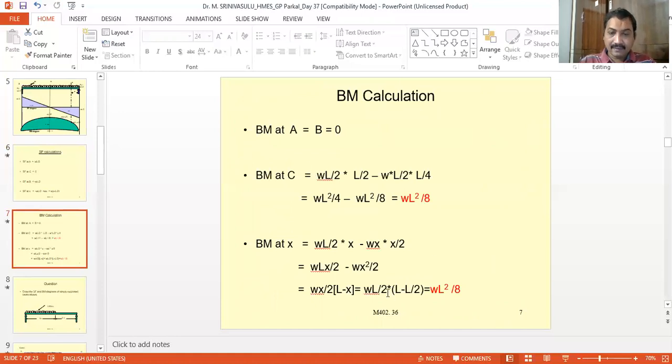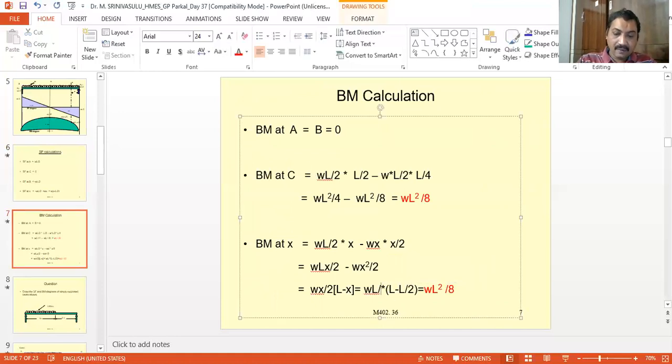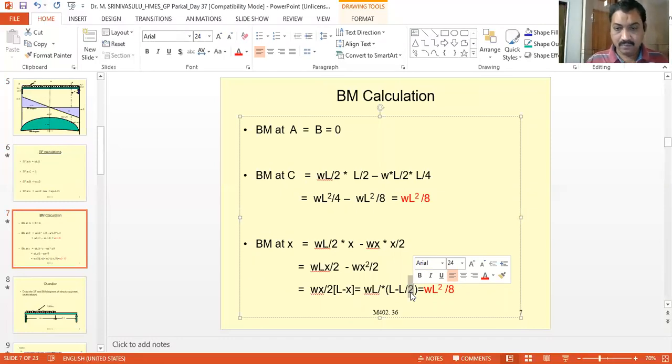So actually this is equal to, it must be 4. So L minus this distance is equal to W into L by 2.